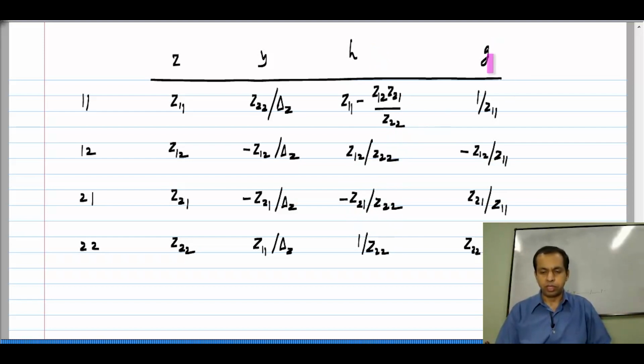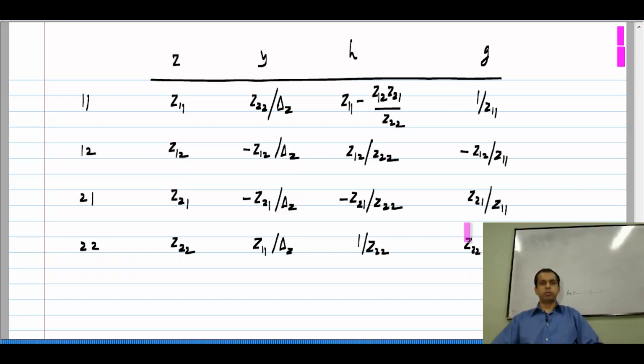Similarly, if you look at g parameters, g12 is minus z12 by z11 and g21 is z21 by z11. If z12 equals z21, then clearly g12 will be equal to minus g21. So, what I am trying to point out here is that reciprocity is a property of the network. It is not related to what parameters you choose to describe the network.